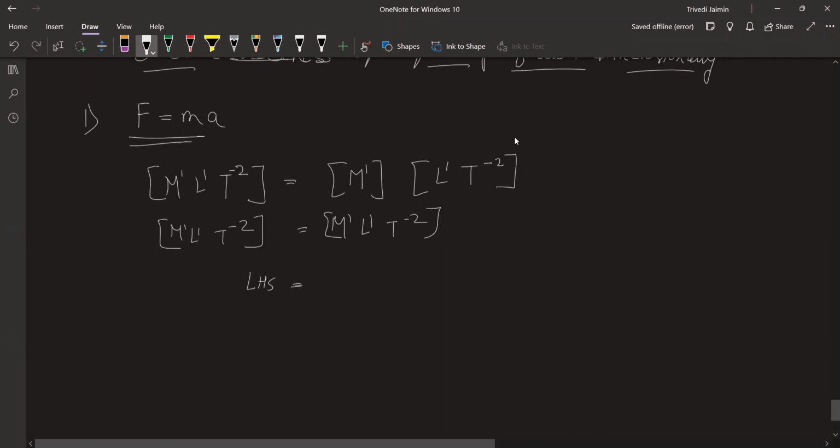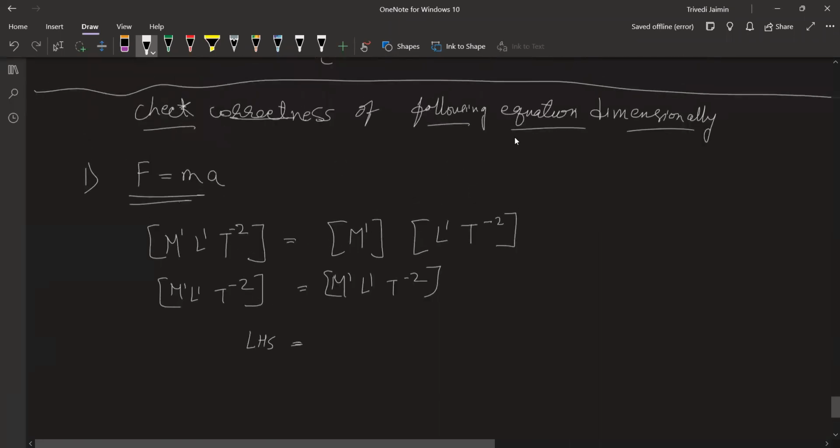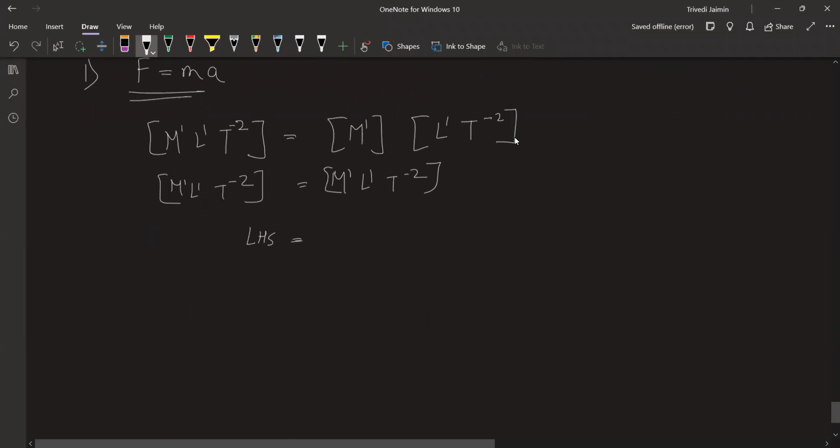That's what the question is: check the correctness of the following equation dimensionally. For example, if instead of F equals ma they give F equals mv, which is incorrect, we have to say this is an incorrect form.